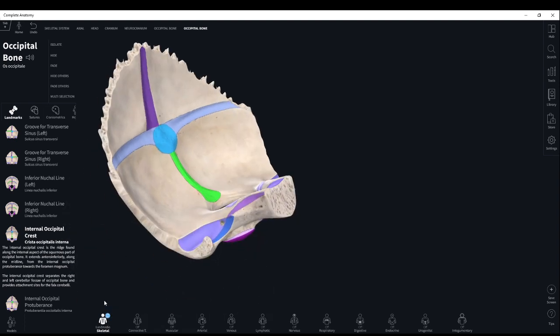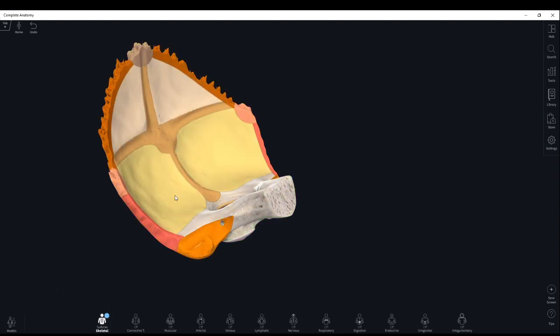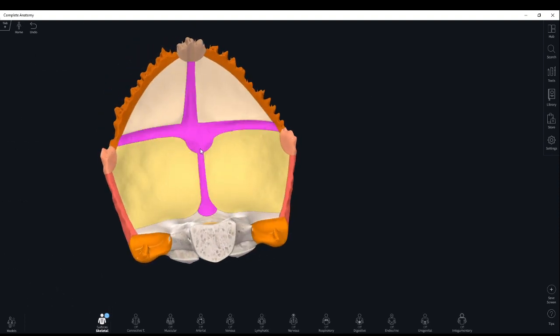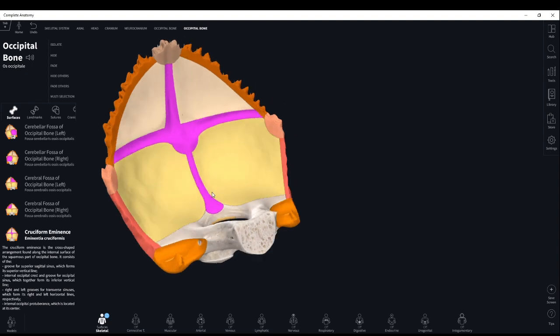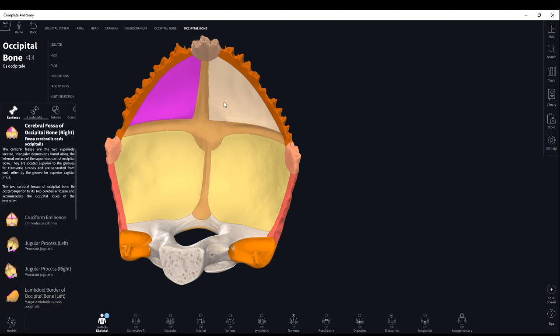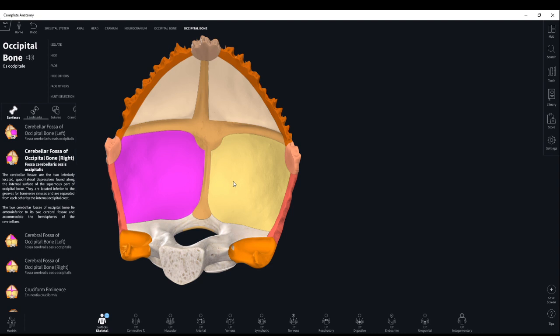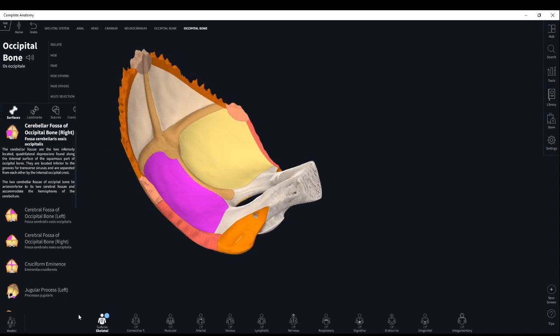These four structures separate the internal surface of the occipital bone into four divisions: the cerebral fossae, where the occipital lobe lies, and the cerebellar fossae, which are also projected here.